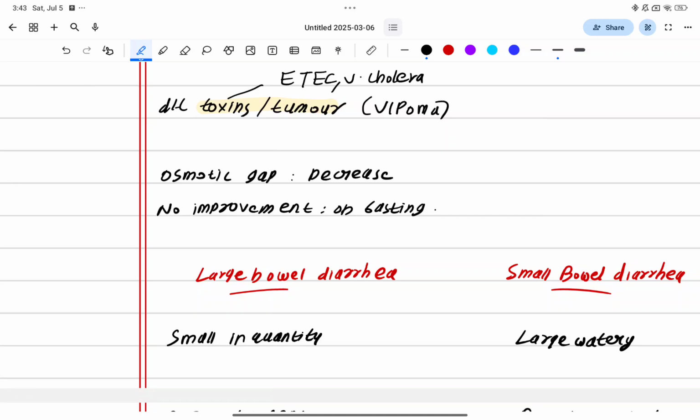So how can you differentiate secretory from osmotic? The same two features: osmotic gap and response to fasting. In secretory diarrhea there is no improvement on fasting, and the osmotic gap will decrease. Why?